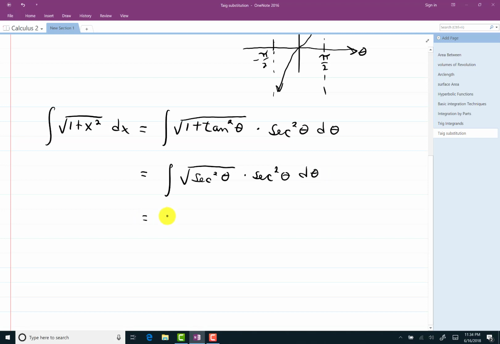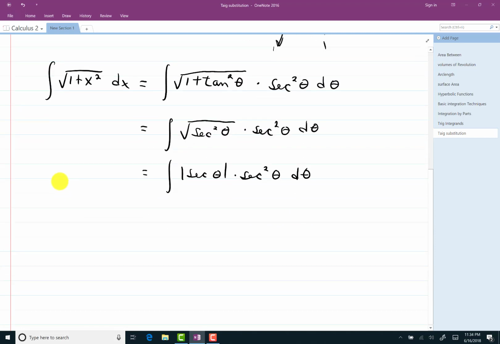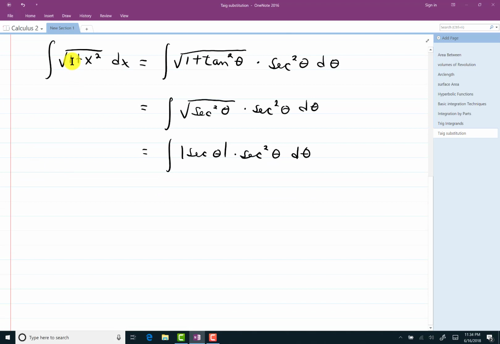All right, now what we should have next all depends on what values theta can assume. But for just getting a formula here, since this quantity here is positive no matter what, the whole integral is positive. We typically worry about the thetas and the other things if we had limits of integration. So right now I'm going to go ahead and ignore that, and I'll get secant cubed of theta d theta.